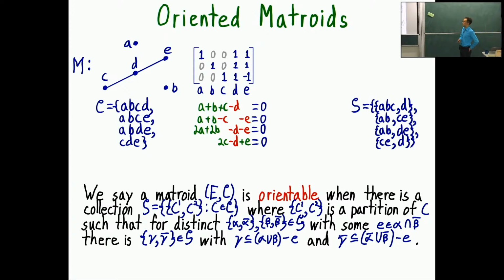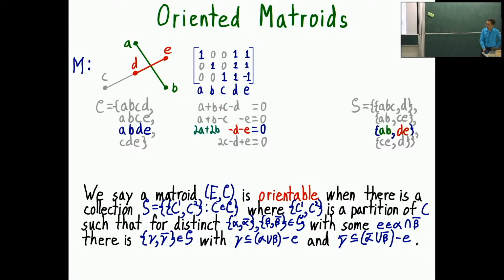Since we also have an affine representation of this real representable matroid, we can think of what these bipartitions look like here. When you have a linear dependency, you have this bipartition with respect to different signs, and a common sign can be used as a convex hull in the affine representation.